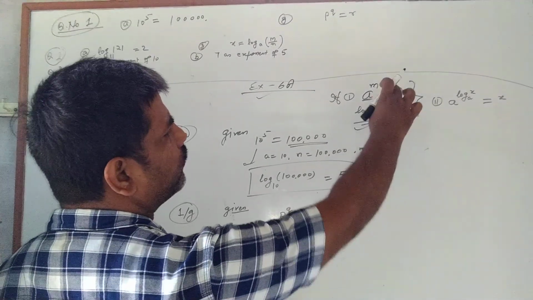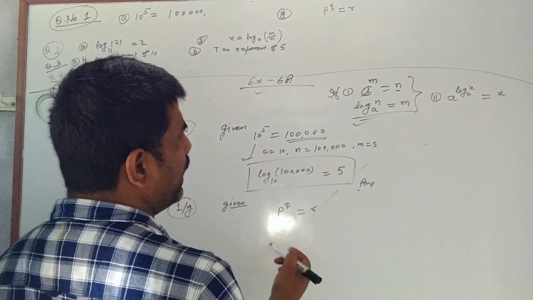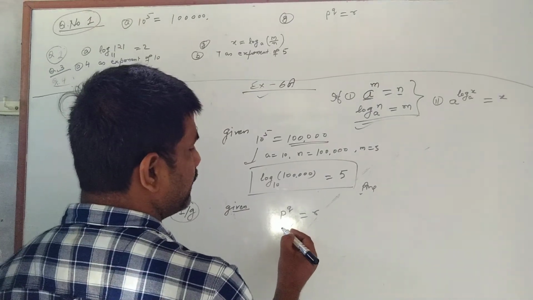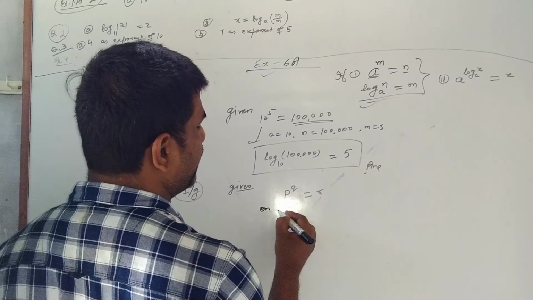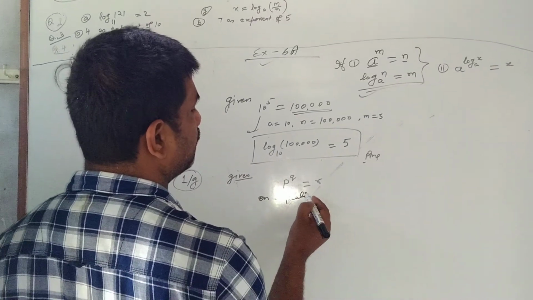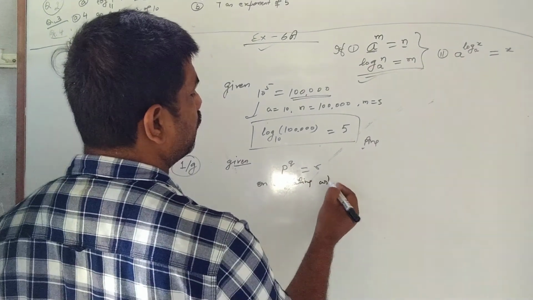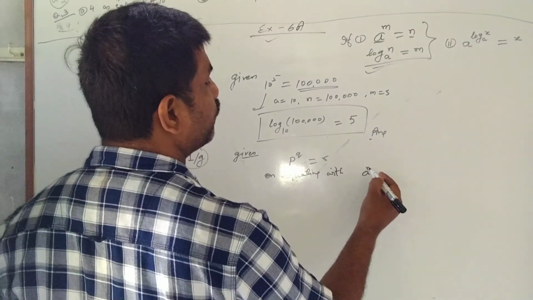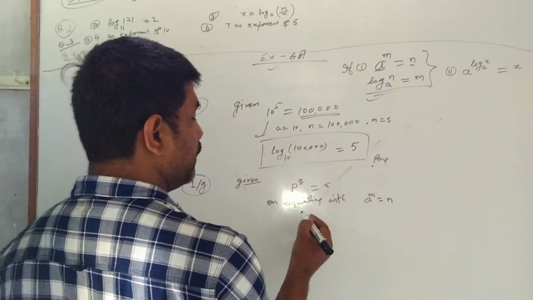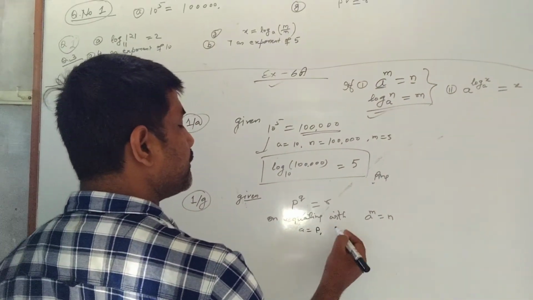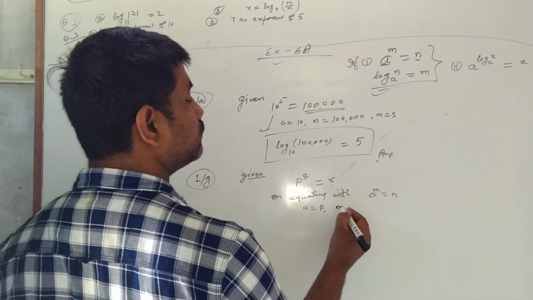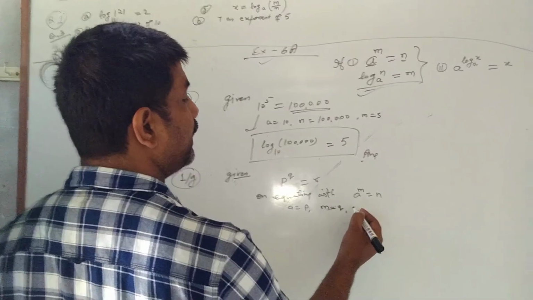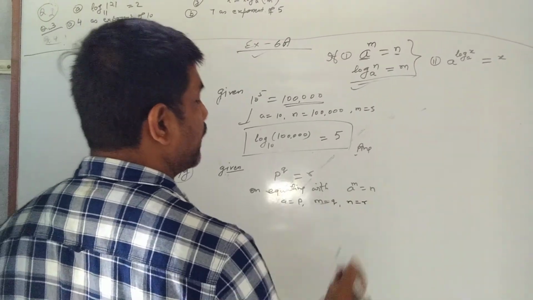Again, compare with a to the power m equals n. On equating, a equals p, m equals q, and n equals r.